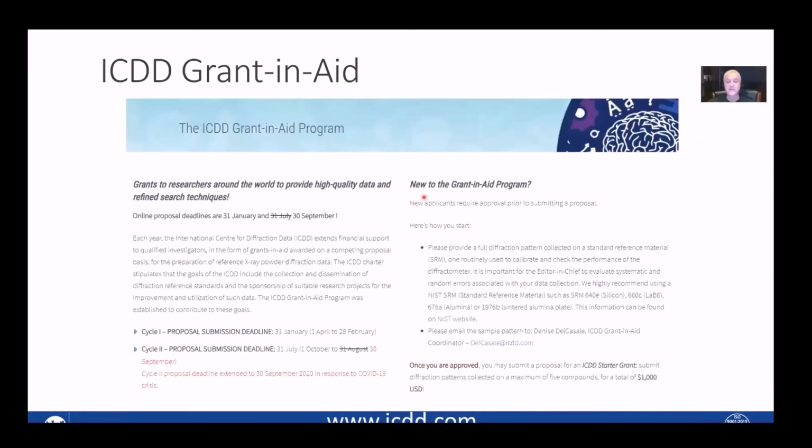So if you think you might be interested in the grant-in-aid program, where you collect diffraction patterns on new materials and would like to get some financial support, we would ask that you contact Denise Delcasal at delcasal@icdd.com. She can then give you the information you need, if you're new to the program, on how to get started, and also an opportunity to understand how to proceed once one becomes very well established in the program.